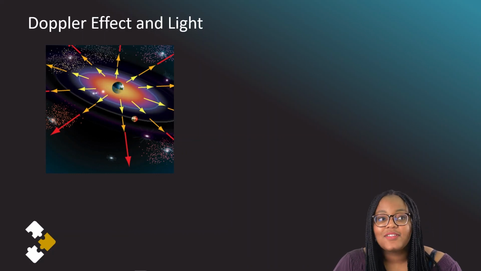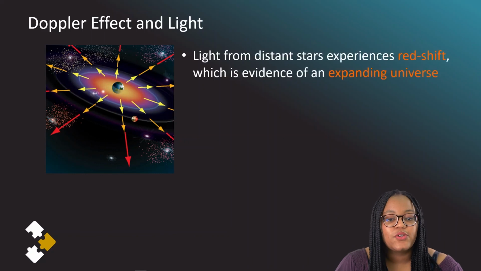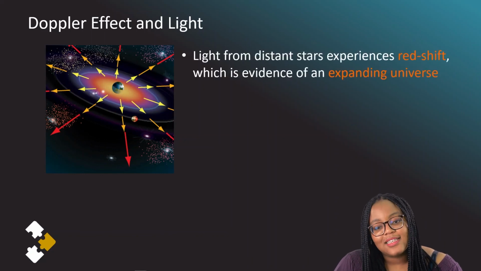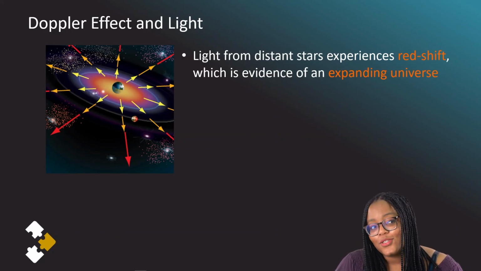Well, scientists have discovered that light from distant stars experiences redshift, and that is evidence of an expanding universe, which is where we get our Big Bang theory from. And I think that that's just an interesting side note of the practical applications of Doppler effect.